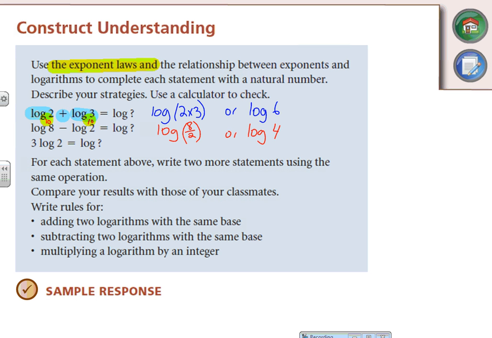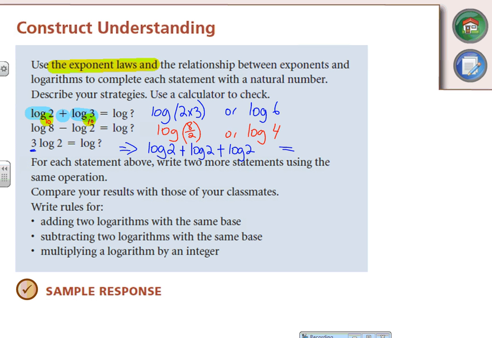And then 3 log 2. If we were multiplying in our exponential form, we must have had a power of a power. So in that case, we're going to say, well, wait a minute, I've got 3 of log 2. That means the same thing as saying log 2 plus log 2 plus log 2. I've got 3 of them.